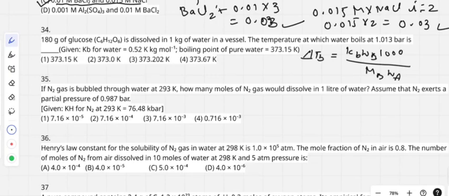So delta TB, TB minus TB naught. So I write TB minus TB naught is equal to Kb, which is given as 0.52, and Wb, 180 grams of glucose, divided by 1000 into Mb.